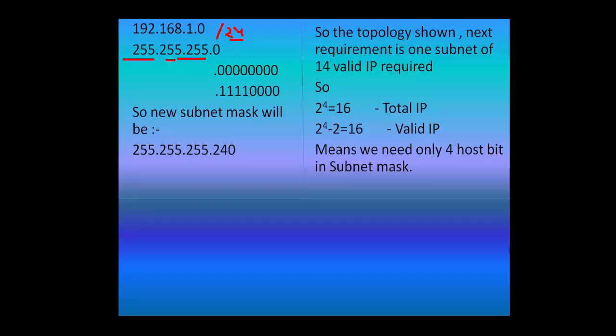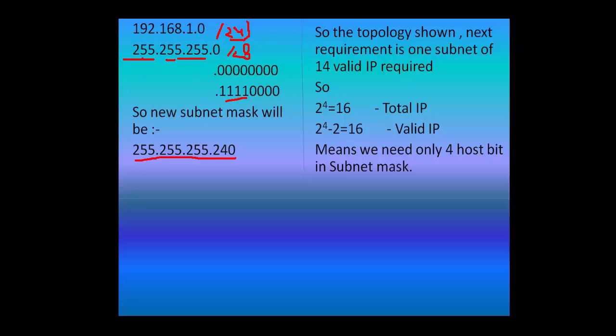But when we have done the subnetting or VLSM with the new subnet mask, it becomes a /28 representation. The purpose of this slash is to show the subnet mask. By writing the slash with the IP and a particular number, we are showing how many network bits we have.